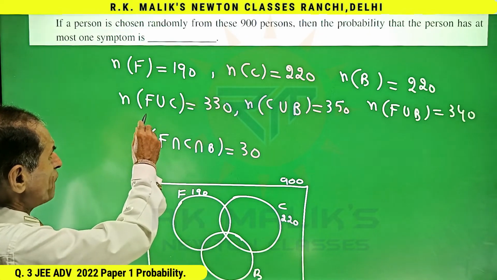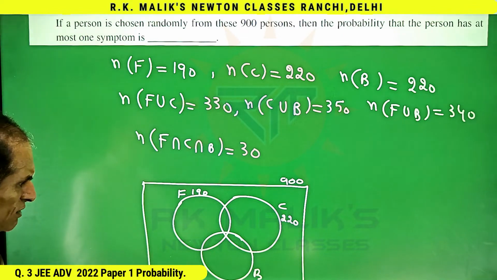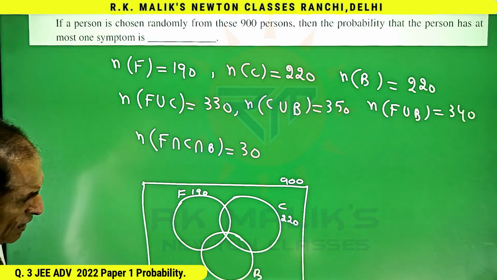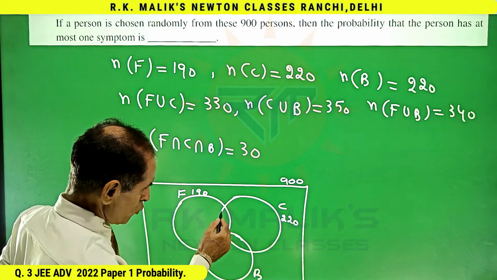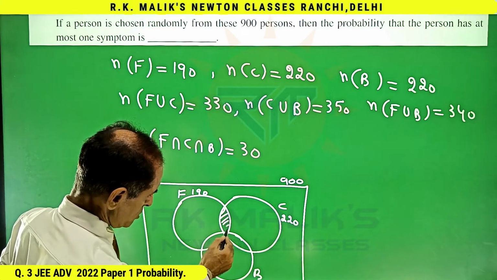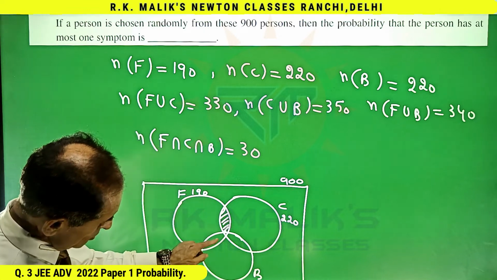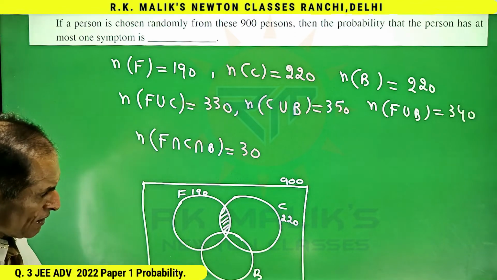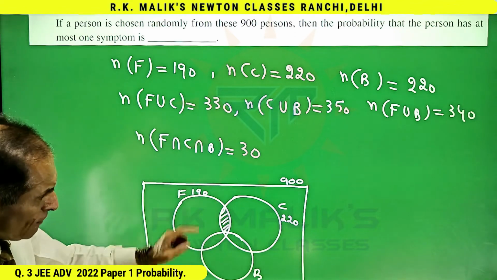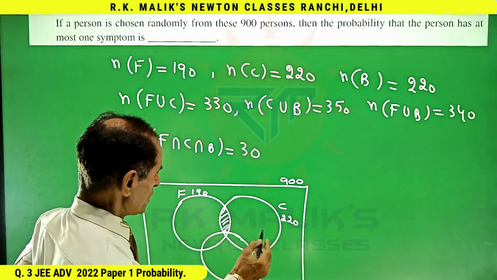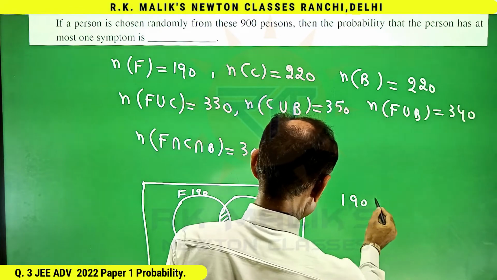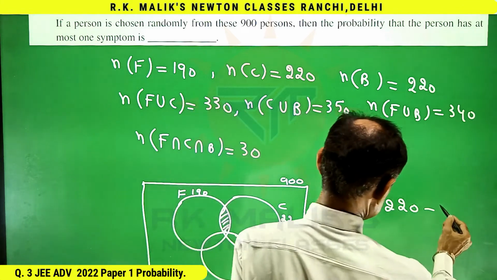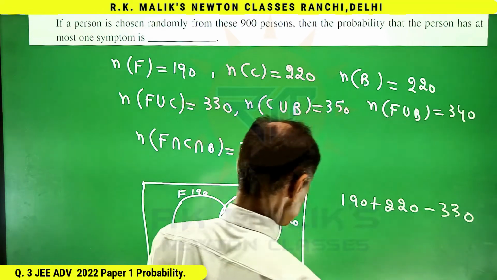As it is given that F union C is 330, that is union of these two contains 330 elements, it surely means that the common portion, including the common part of all the three, contains 190 plus 220 minus 330 elements.